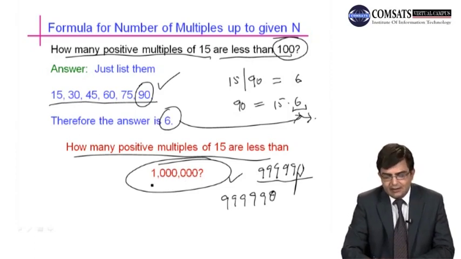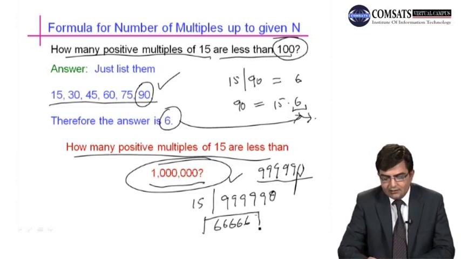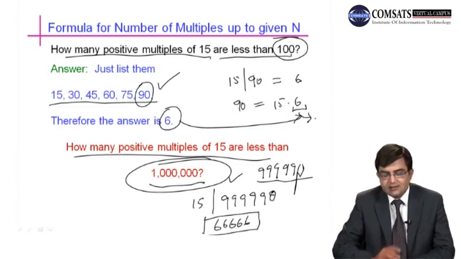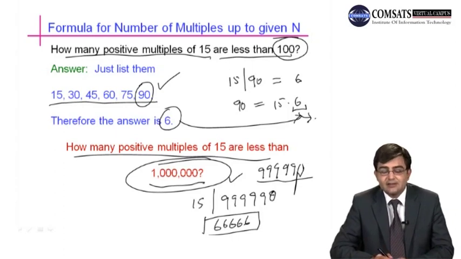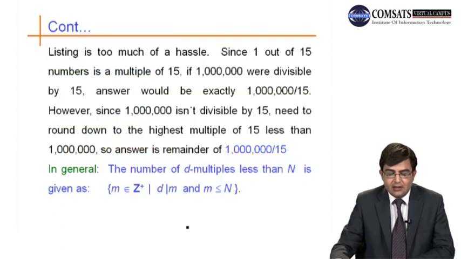So this is the immediately smaller number which is divisible by 15. If we divide this number by 15, the answer is 66666. So there are 66,666 multiples of 15 which are less than 1,000,000, you can say.